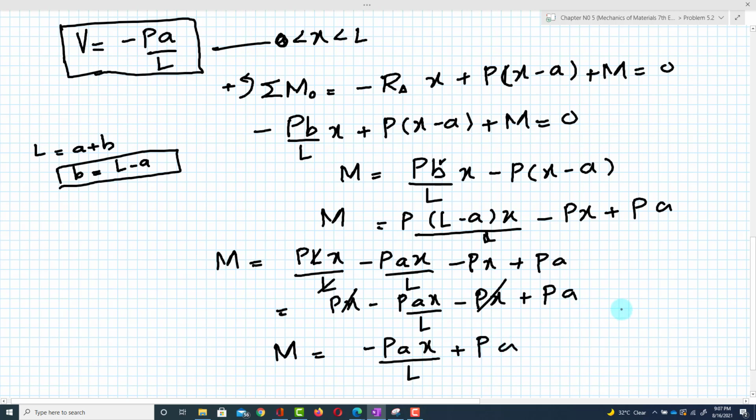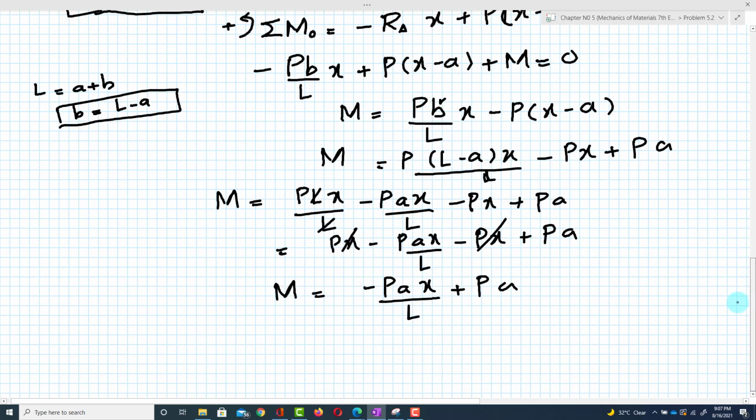Again, if you take P A as common, it will become P A into 1 minus X over L. If you take P A common here, it will be 1, and the other term will be X over L. Clear?